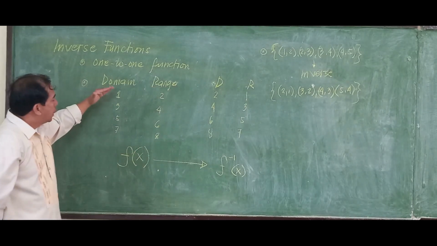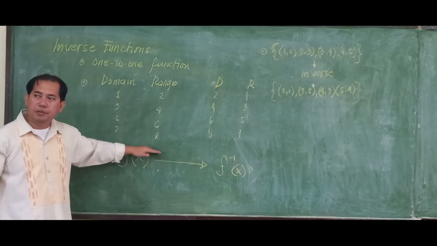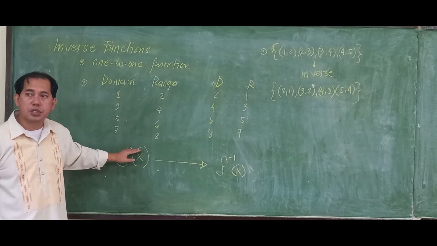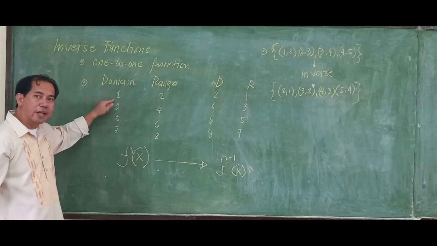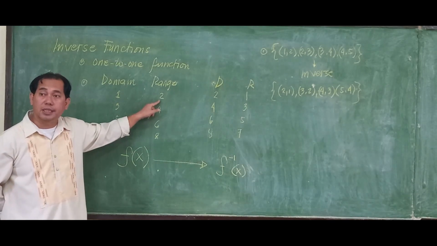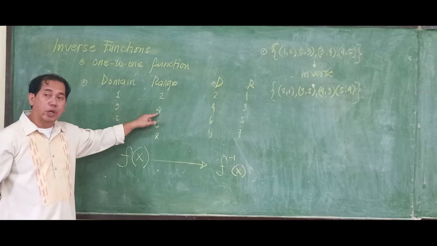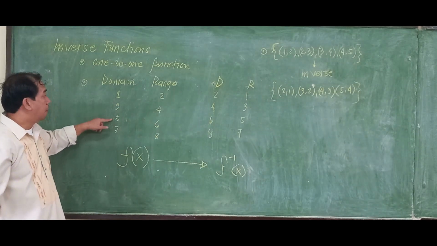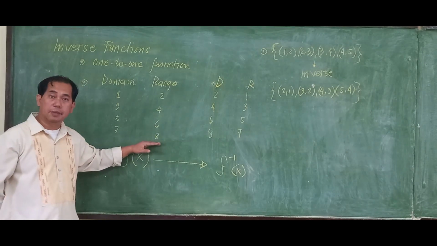You notice that there must be the pairing of numbers, and they are called coordinates. Notice that exactly one element of the domain is paired with exactly one element of the range. 3 is paired with 4. 5 is paired with 6. 7 is paired with 8.